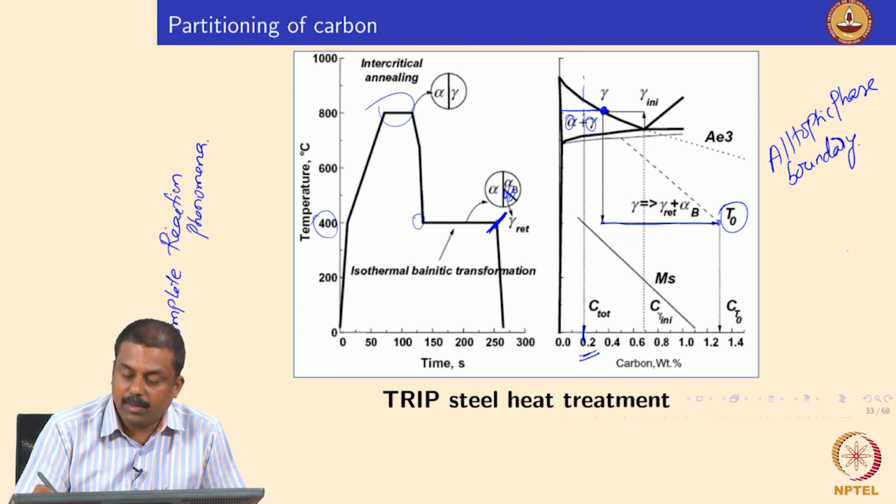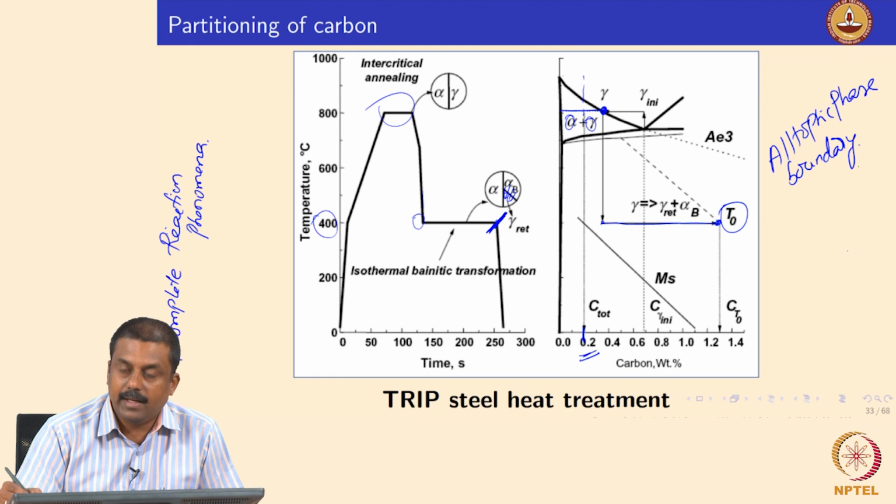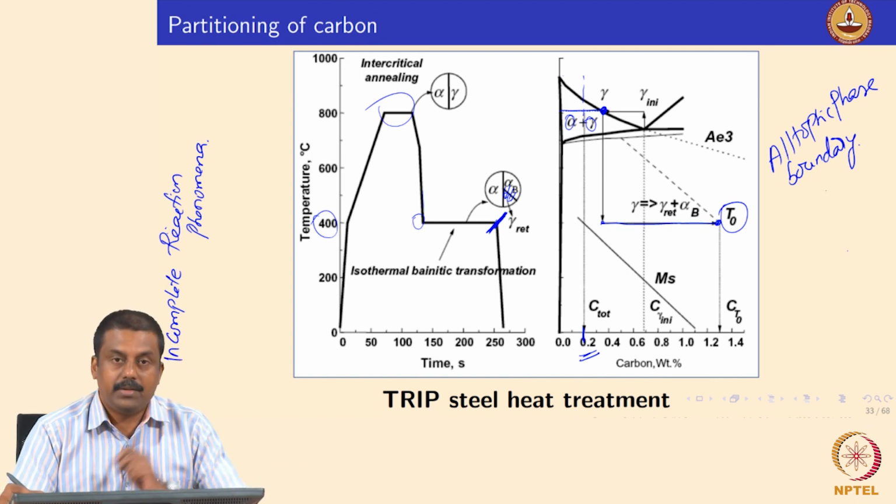Until the point known as T0, or the allotropic phase boundary. The definition of the allotropic phase boundary is that the free energy of ferrite and austenite is the same for a given carbon concentration.